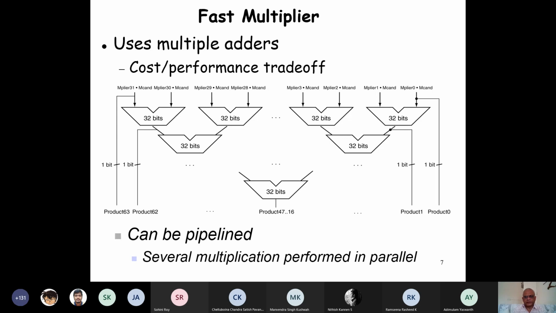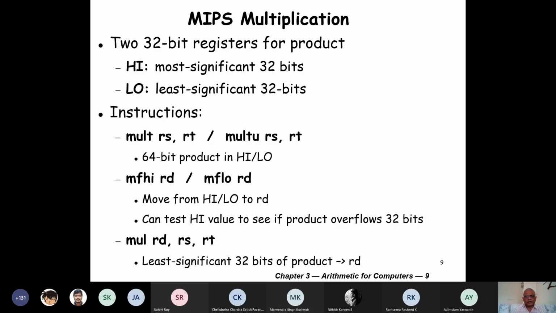So let's proceed. In the MIPS programs that we wrote, we did not do multiplication actually. None of our programs had multiplication, but if we have to do multiplication, we have to observe that the operands are 32-bit, but the result is 64-bit.